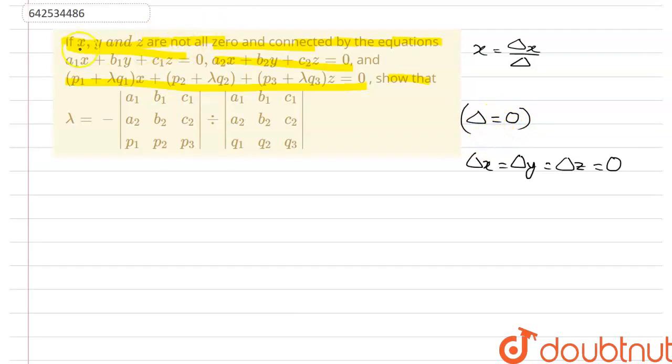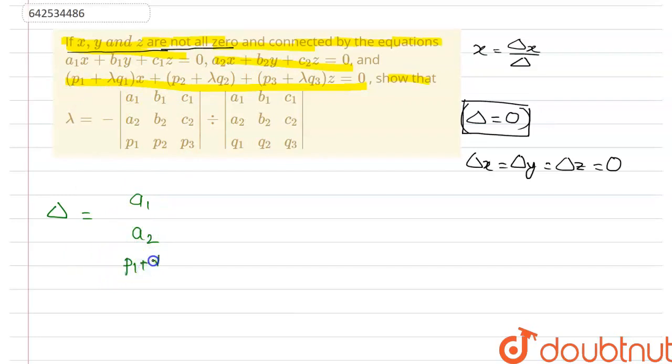So this line, if x, y and z are not all 0, implies that our del must be equal to 0. So let us determine the value of del. The value of del will be firstly the coefficients of x in all these three equations. They are a1, here we have a2, and here we have p1 plus lambda q1.